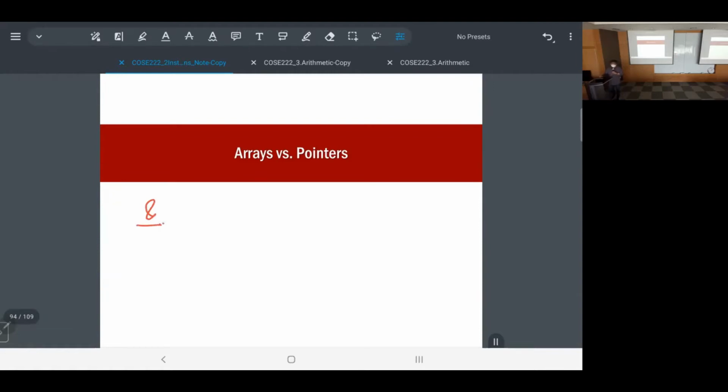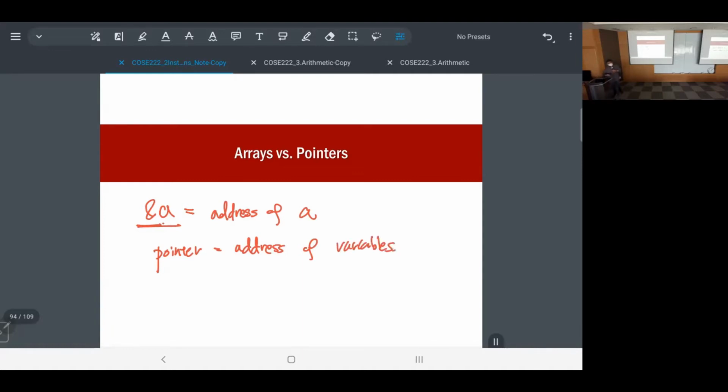This ampersand operator is an operator in C. If this operator is used before some variable, then this means the address of A. And C has the pointer type. The pointer means the address of some variable.